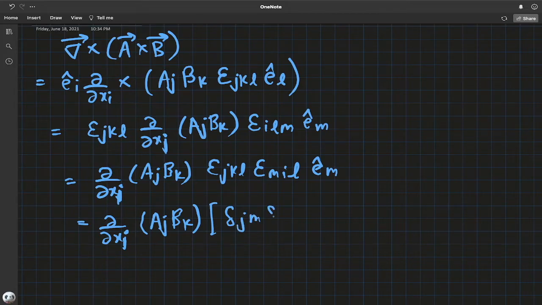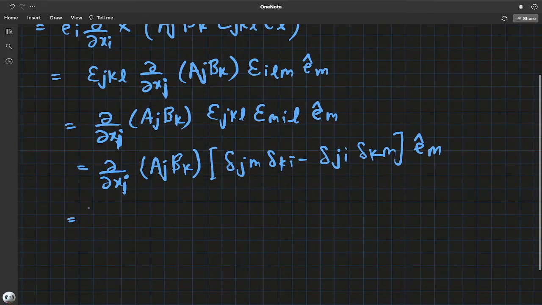Delta jm delta ki minus delta ji delta km, Em hat. So we can contract over the indices here.